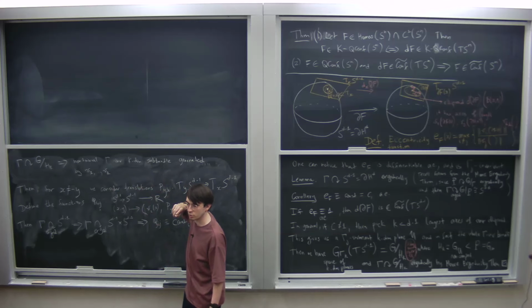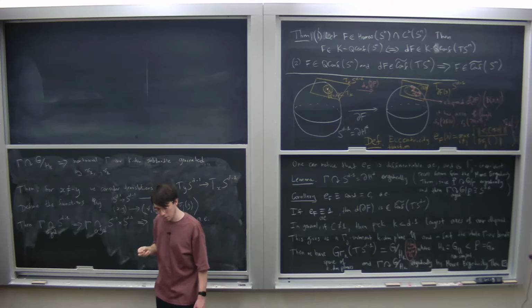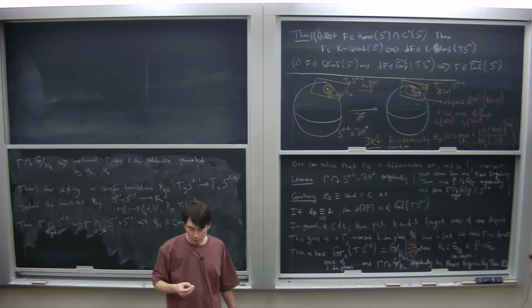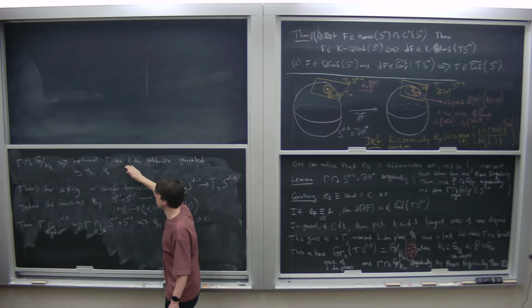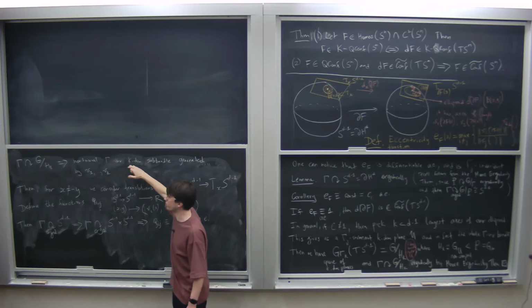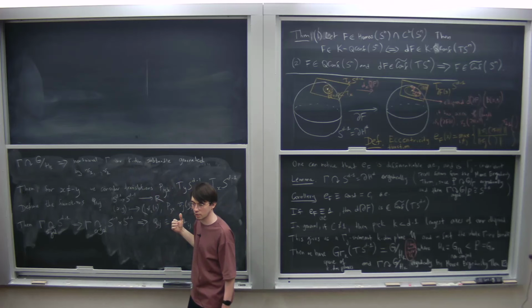Maybe I can make it shorter and say that if it is of full measure, then k probably should be just d minus 1.